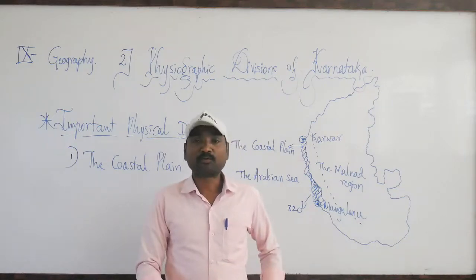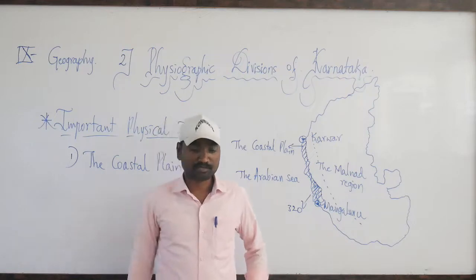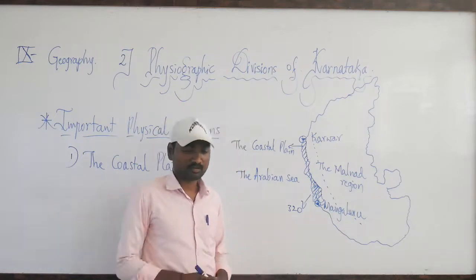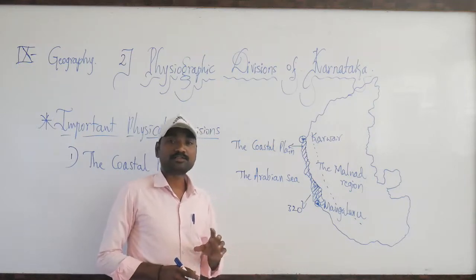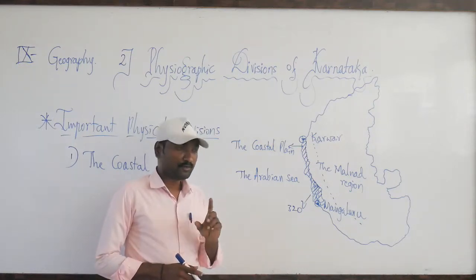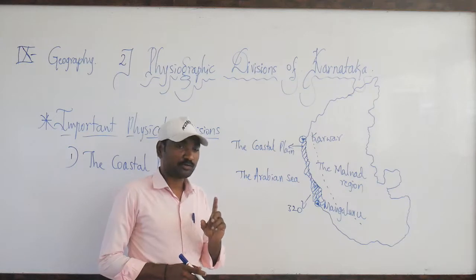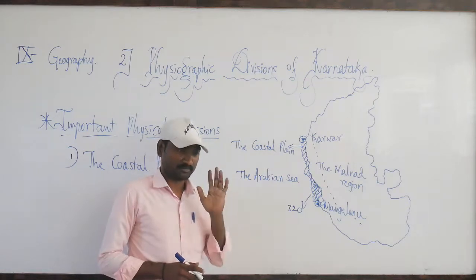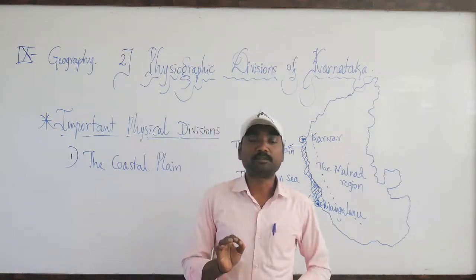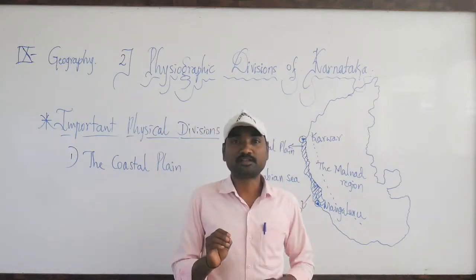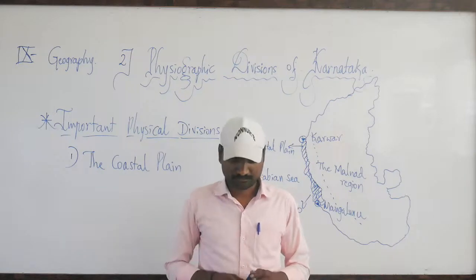New Mangalore port is the major port. Bhatkal, Malpe, Karwar, Kumta, Bengre, Honnavar are the fishing ports. Fishing is the main occupation of this coastal plain. Most of the people depend upon fishing in this coastal area.